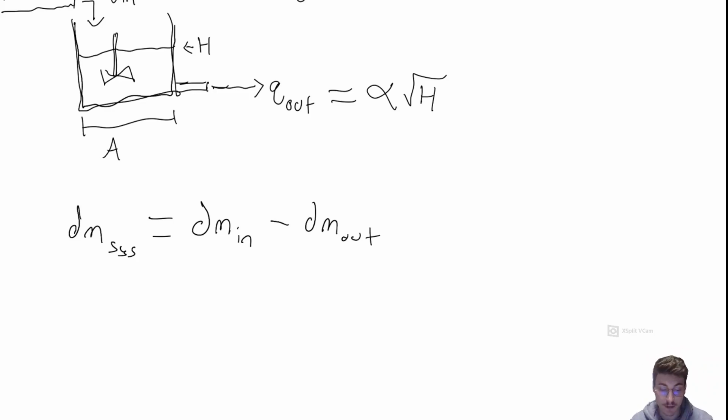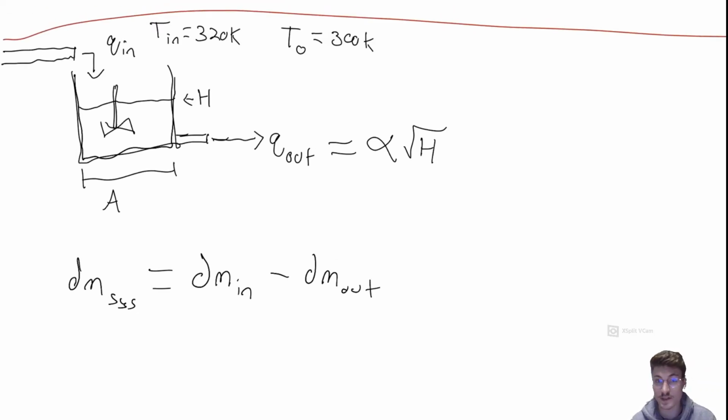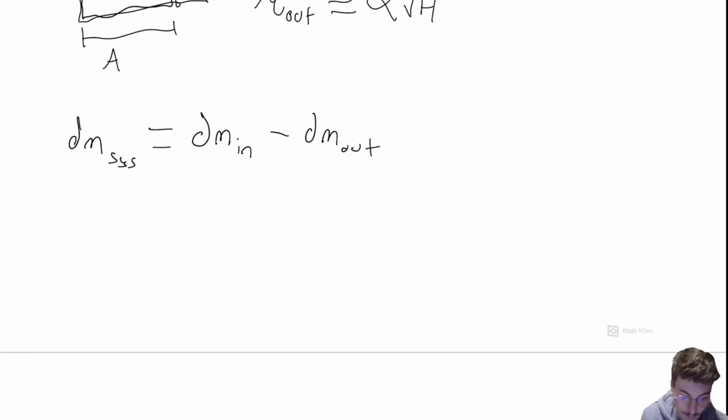And from here, we can then take the mass, and since we know the density of water and everything like that, it's going to be density times the volume, and we can figure out the volume because we have our cross-sectional area and the height of the tank. So we can manipulate those variables a little bit.